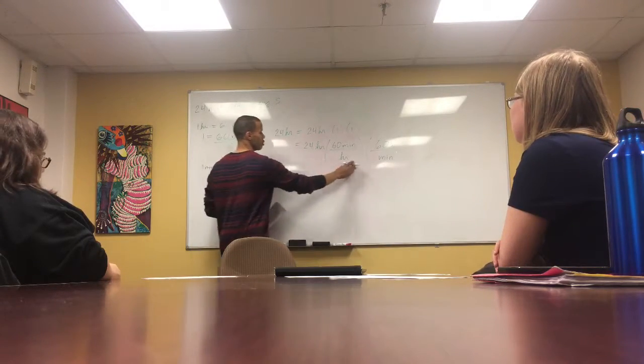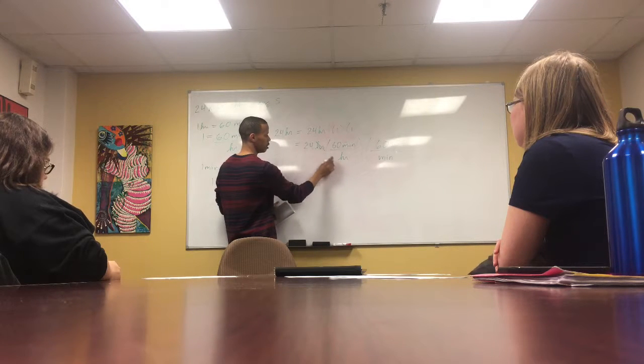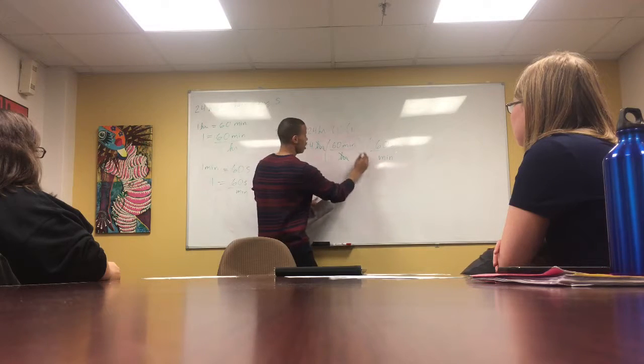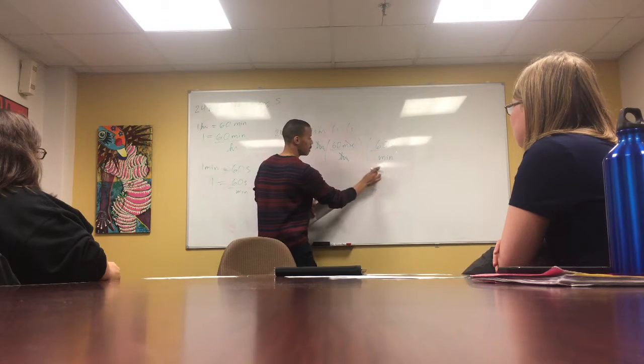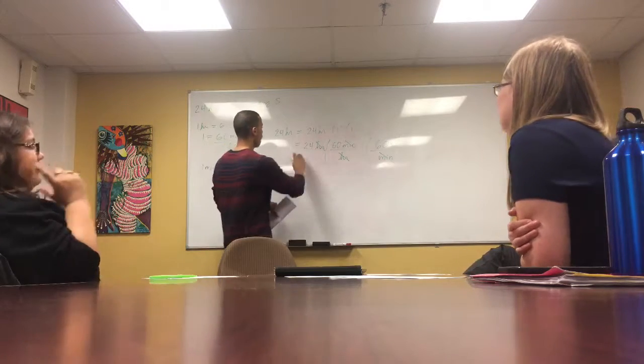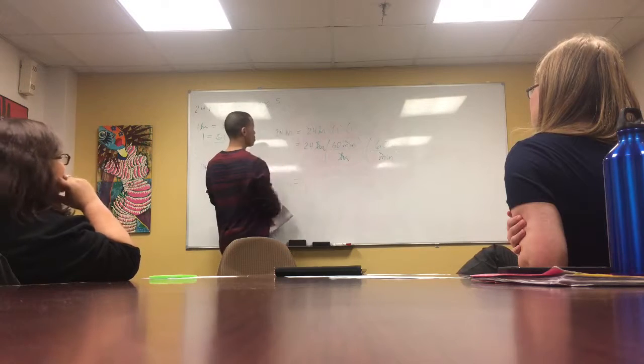So let's take care of the units first. Hours divided by hours is 1, and minutes divided by minutes is 1. So I went from hours to seconds, which is where I want to go.